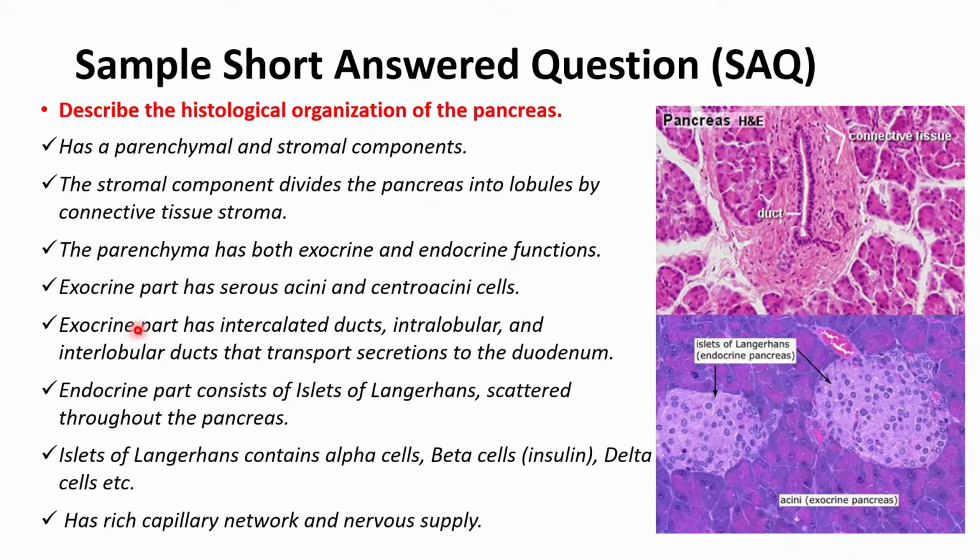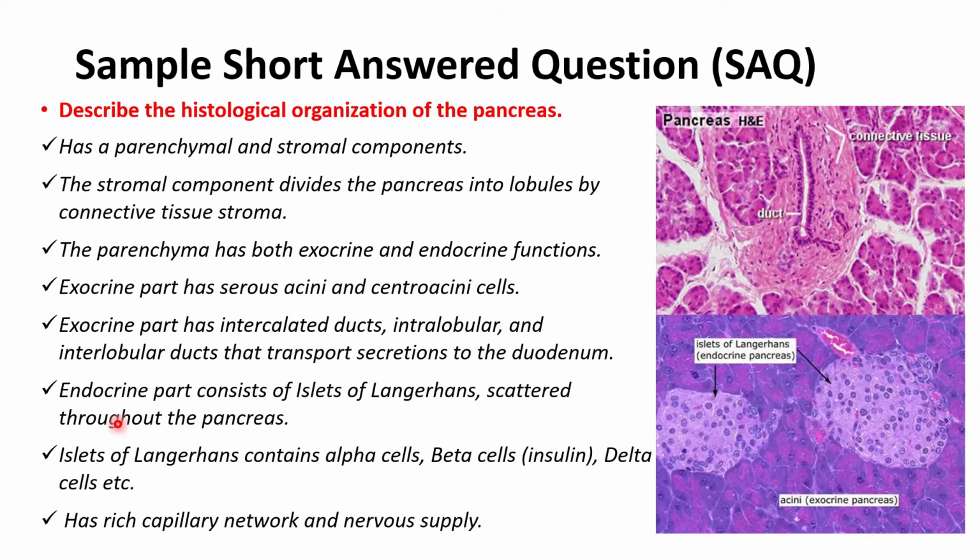That same exocrine part has various ducts: intercalated ducts, intralobular ducts, and interlobular ducts that transport the secretions to the duodenum. A sample duct you can see here is most likely an interlobular duct because it's very large.